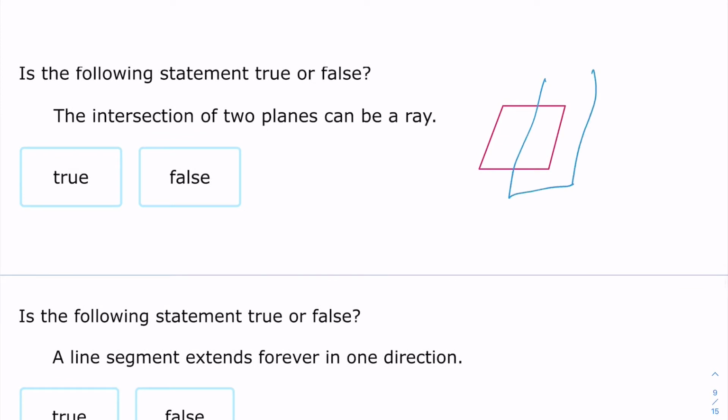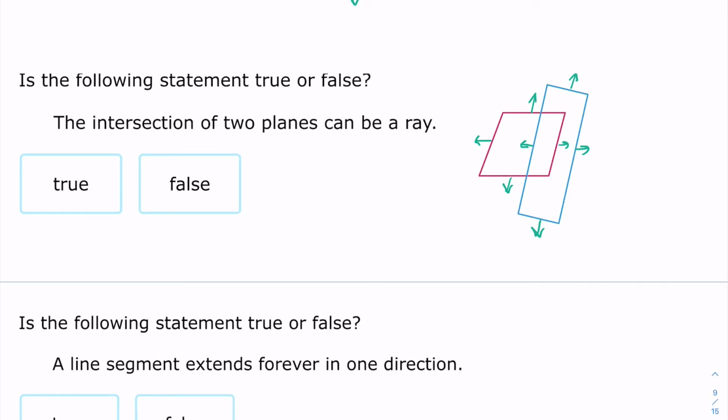I don't know if I'll be able to draw this. Because these planes go on forever, they will intersect at this line right here, because that will go on forever.